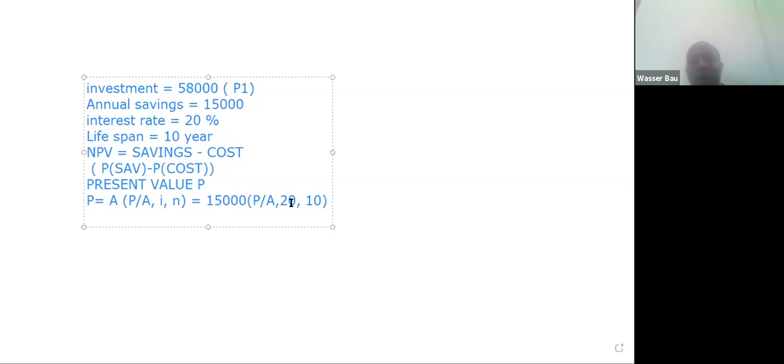So let us go to the table now and look at the table with the interest rate of 20%, and look at the column of 10 years and get the equivalent factor. So this is the interest table.